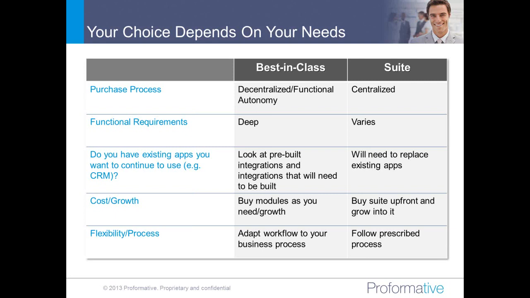The other suite product, the professional services team said, absolutely not going to work for us. The PSA functionality doesn't work. They ended up going with Intact because it worked great for the finance and accounting group. They went with Salesforce.com for the sales team, and they went with another professional services product for the PSA team. So everybody's happy at the end of the day, and nobody had to make any compromises. And the product worked seamlessly together because it was designed from the ground up to do multi-system integration in the cloud. So that's an even better example than, again, what's up on the screen.